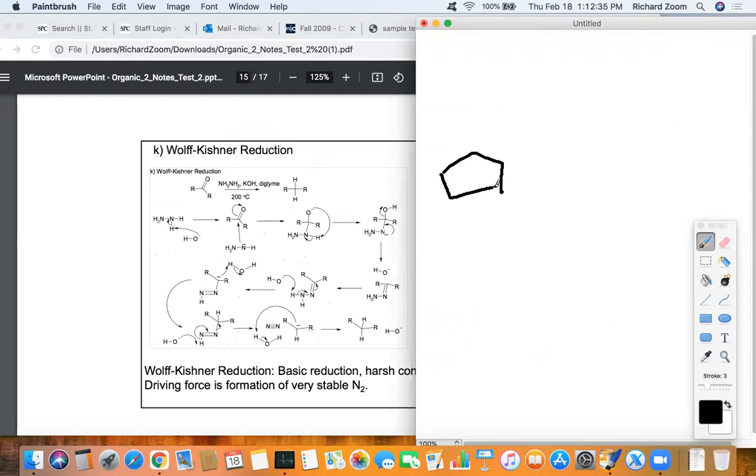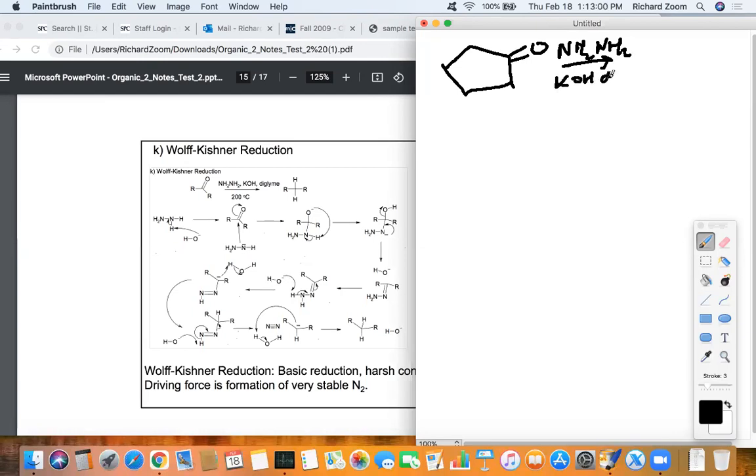If we want to look at a typical one, actually I'll do it up here. If you use these specific reagents, so it's NH2NH2, KOH, and diglyme, and 200 degrees Celsius.